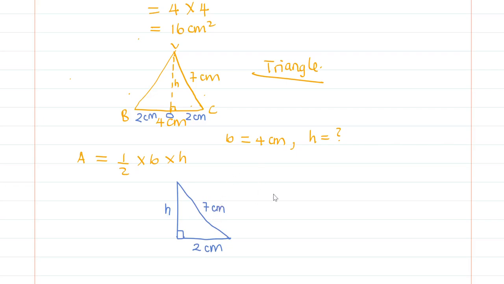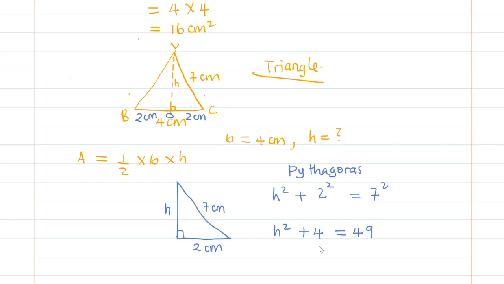In other words, h squared plus 2 squared must give me 7 squared. That is Pythagoras theorem. And therefore, I will have h squared plus 4 equals 49, right?